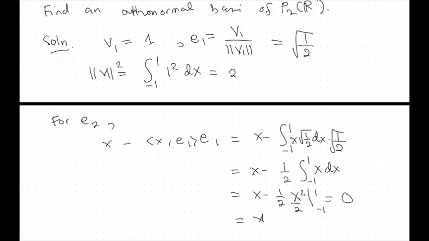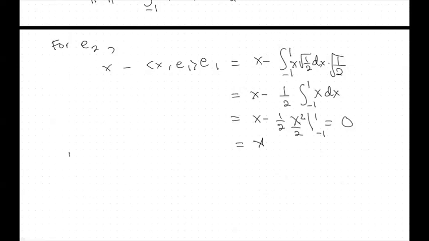We just have x, but we will look at the norm of our x here. The norm of x squared is just the integral from -1 to 1 of x squared dx, which is just 2/3.